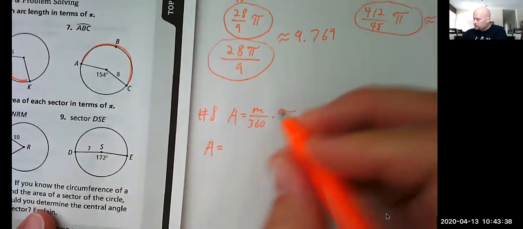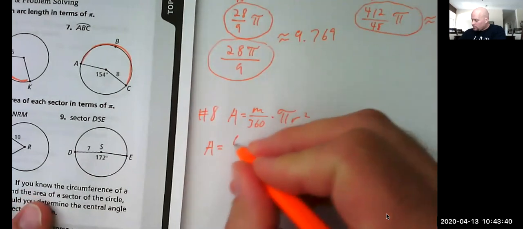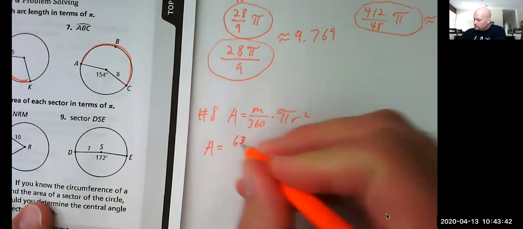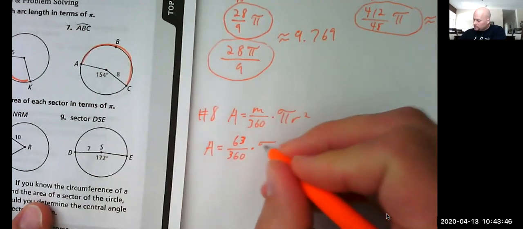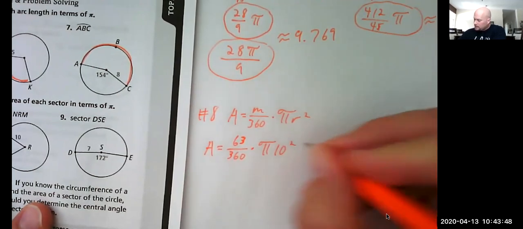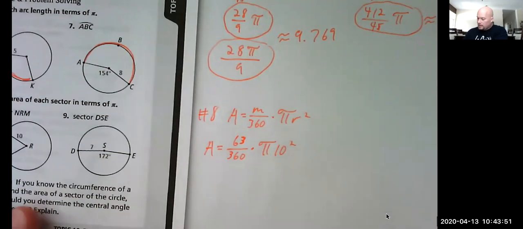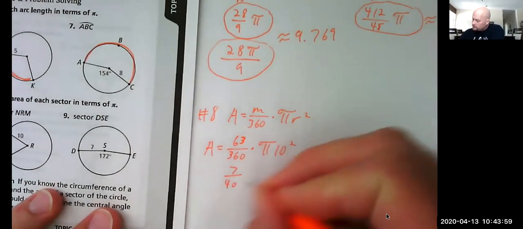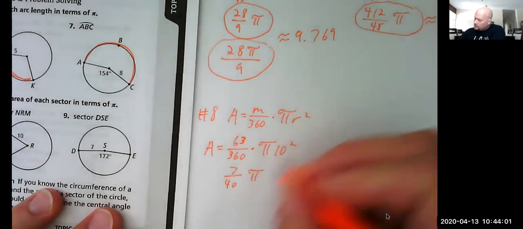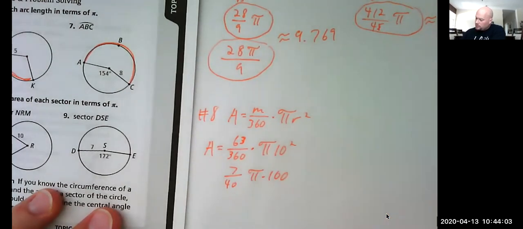So since it says in terms of pi, we're going to have to do it in terms of pi. So area equals 63 over 360 times pi 10 squared. Now, 63 over 360, reduce a little bit to 7 over 40. And 10 squared, that's 100.